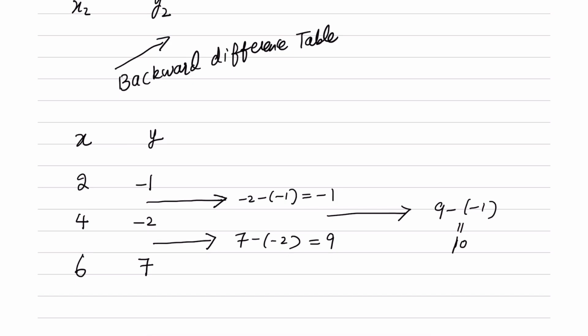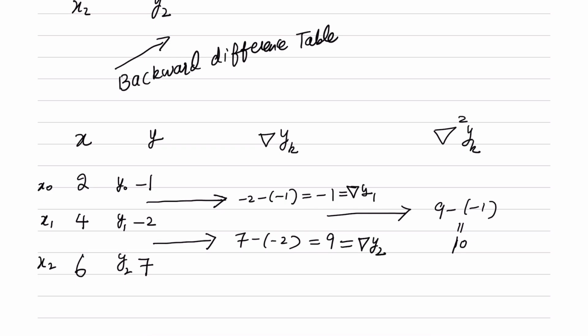We have constructed the table, but now let's name it. x0, x1, x2, y0, y1, y2. Third column, backward yk. Fourth column, backward square yk. We have seen that minus 1 and 9 are the notations for backward y1 and backward y2, and in the fourth column, backward square yk, the value 10 has the notation backward square y2.